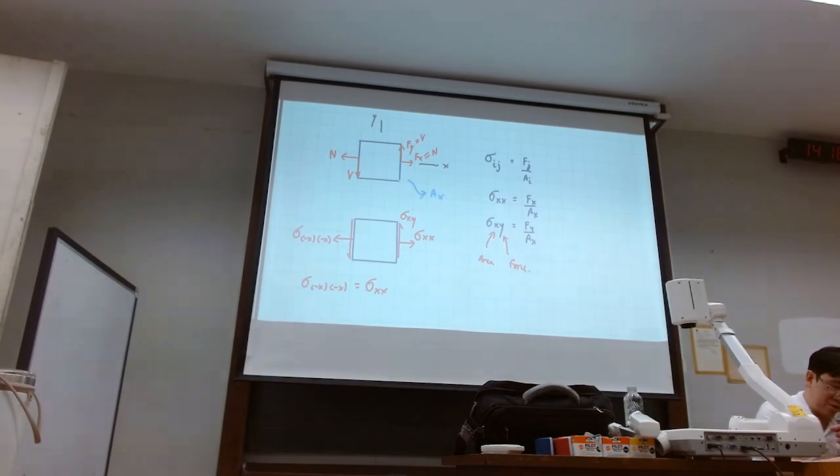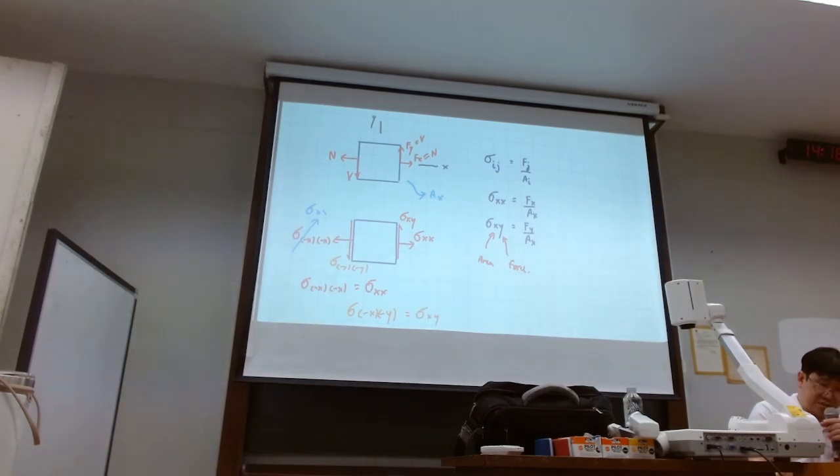So a lot of the time, rather than doing it this way, we would be writing it as stress xx. And to make this right, this right here, I'm going to put it in a different color. So this is going to be stress minus x minus y. And then as it turned out, minus x minus y must be equal to xy as well.